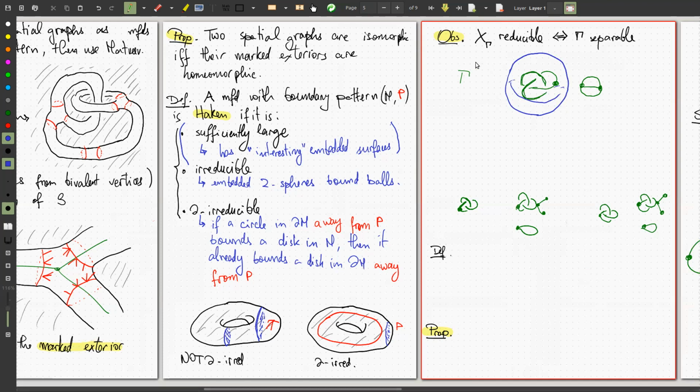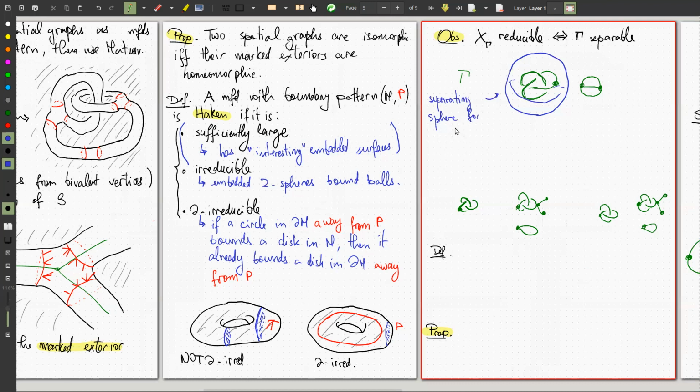This is what we call a separating sphere for gamma. And of course, when you construct the exterior, this sphere is going to be non-trivial, so it's also going to be a reducing sphere for the marked exterior.